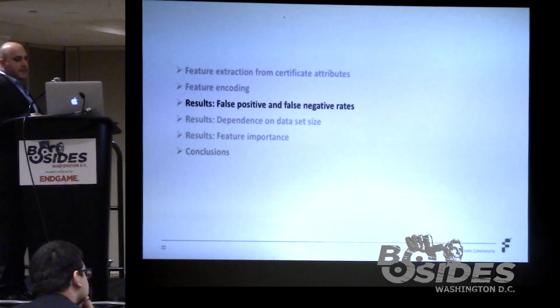Now we start looking at some results. What we're mainly concerned with are 2 measures, false positive and false negative rates, with more emphasis on false positive rates. And I'll explain why.